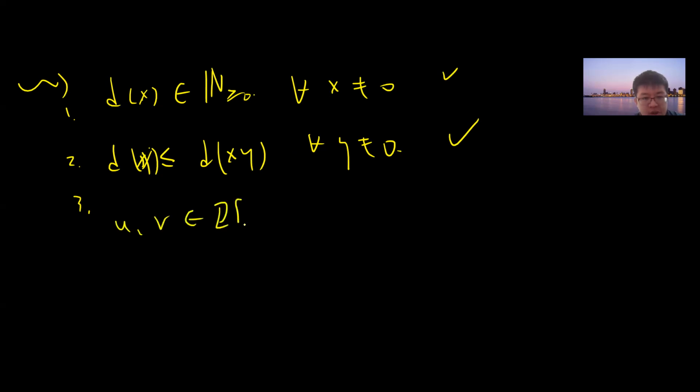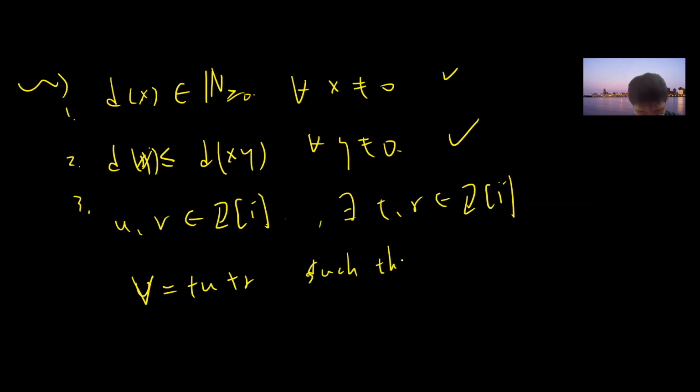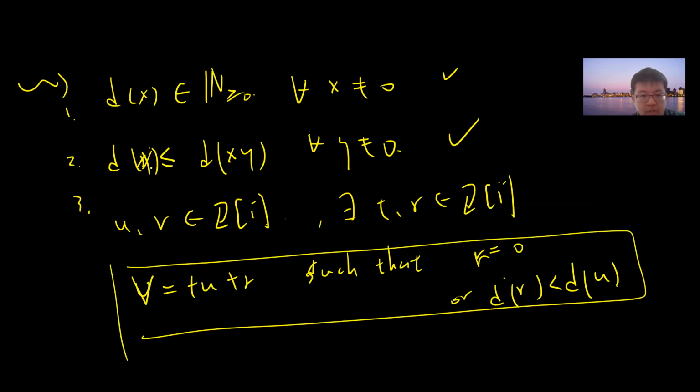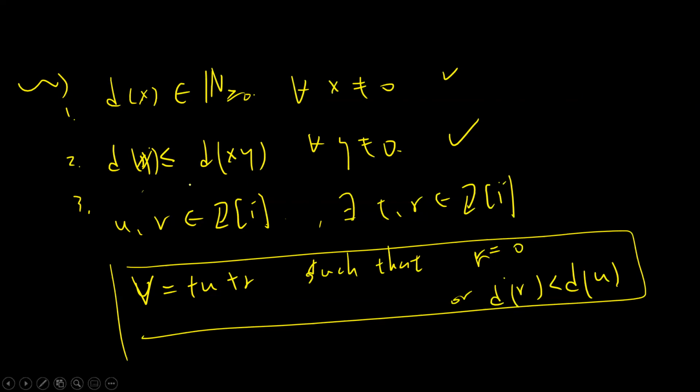Suppose you take two Gaussian integers u and v, then you can do the division such that v equals tu plus r, such that r is 0 or d(r) is less than d(u). Only this one is difficult, because the first two you can do from high school. This one says that you can do a division.